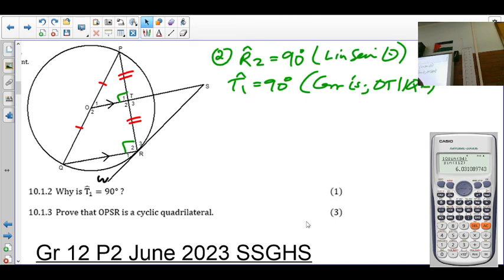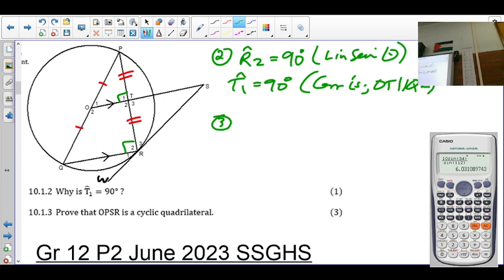Let's go to the next question, number 10.1.3. The question says, prove that OPSR is a cyclic quadrilateral. OPSR. Okay. But we spoke about that already, not so? So where do we start?